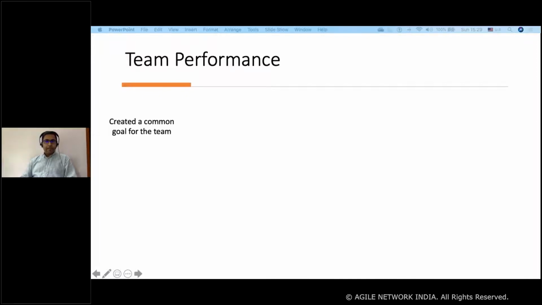Okay, and one of the important things was that key stakeholders were made aware that team composition should be intact, because an agile team is a well-oiled machine. We cannot keep on changing or shuffling the team members. They need to build that rapport, so that they can work effectively. So that was encouraged.